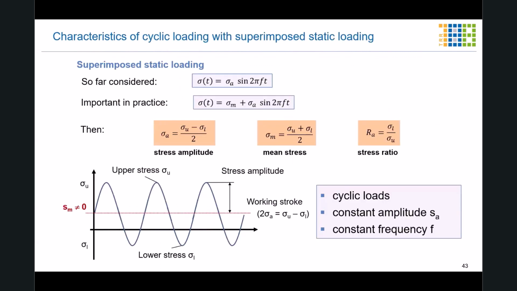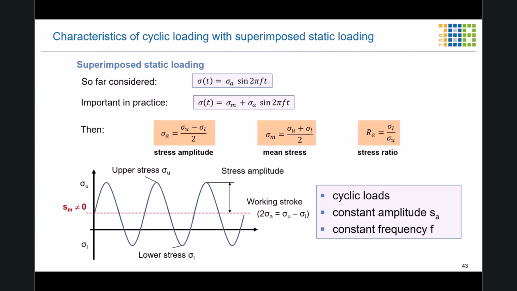Another very important part is the so-called superimposed static loading. So far, I've described sinusoidal loading without a mean stress. But in practice, oftentimes there's an additional superimposed static loading. In fatigue testing, this is done by the implementation of a mean stress.